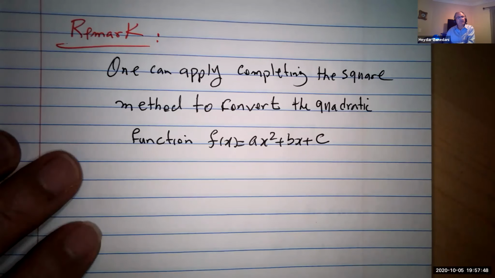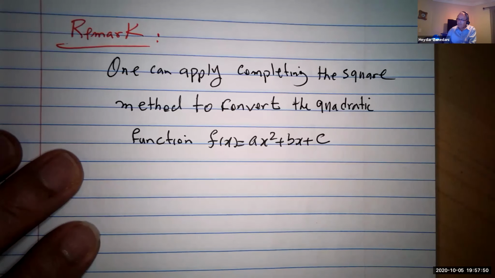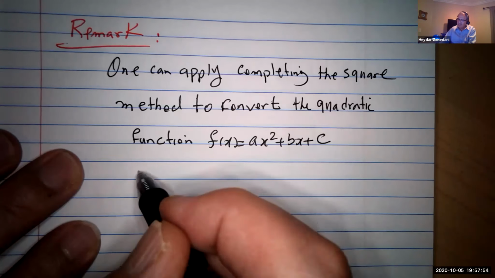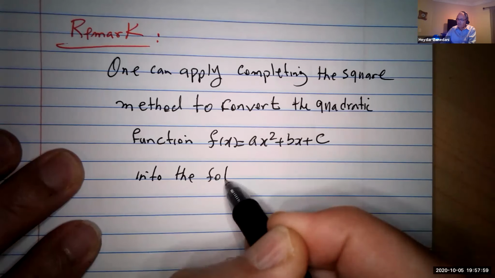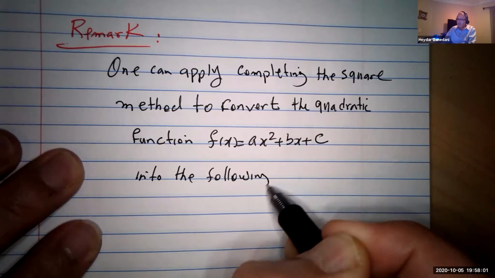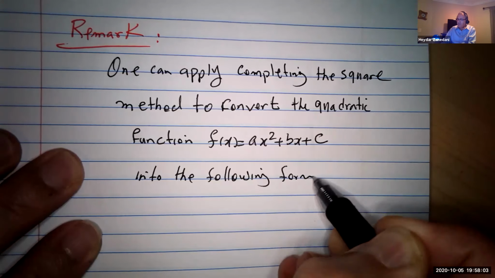You have to divide by a and do the completing the square. Okay, to convert the quadratic function f(x) into the following form. What is that form? Very easy form.